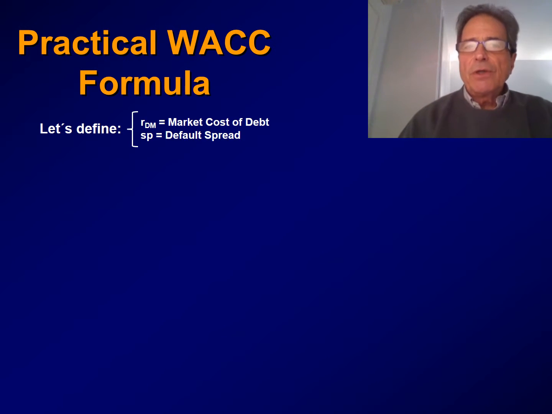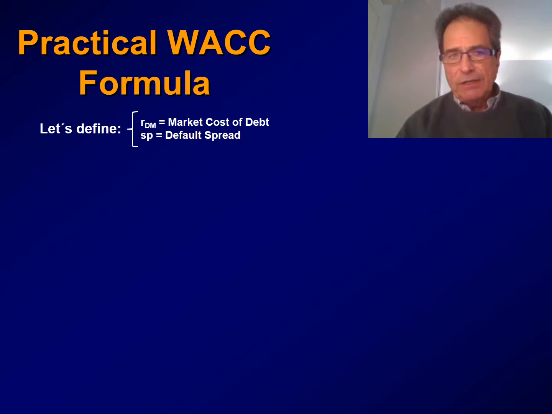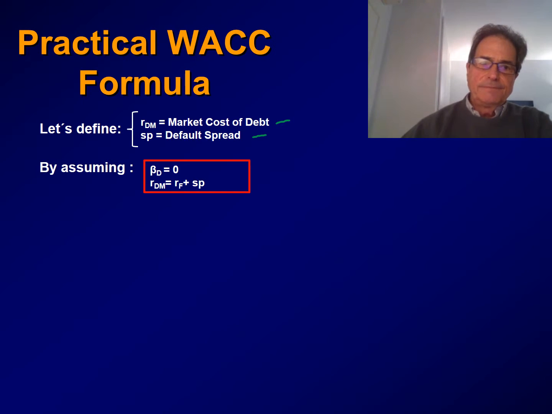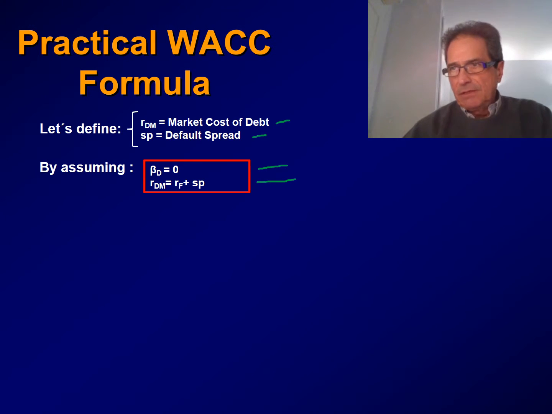Let's focus now on the practical WACC formula. Let's define RDM as the market cost of debt, SP as the default spread. Let's assume for a moment that the beta of the debt is 0. So the systematic risk of the debt is 0. And the market cost of debt is equal to the risk-free rate, RF, plus the default spread, which is the way it is usually done.